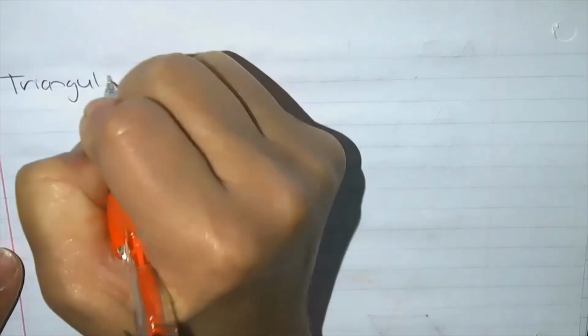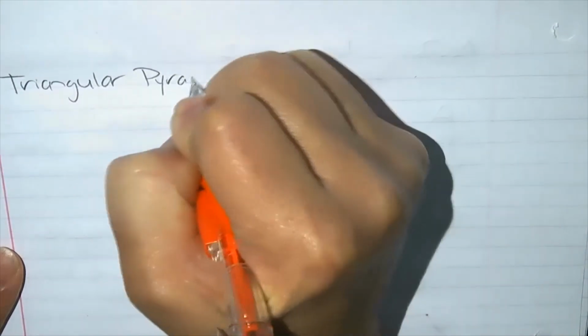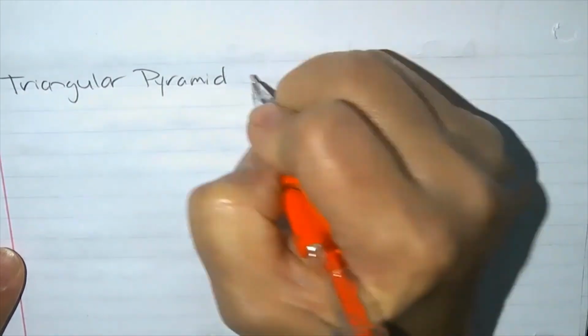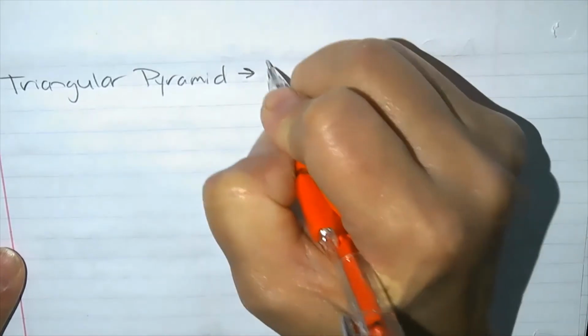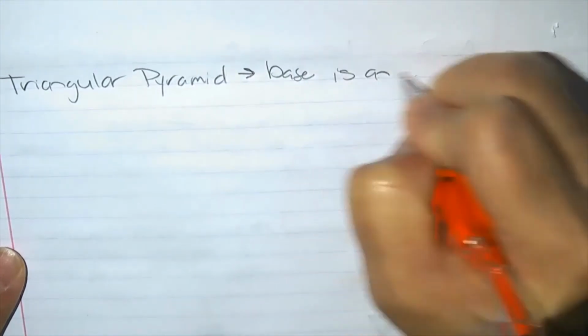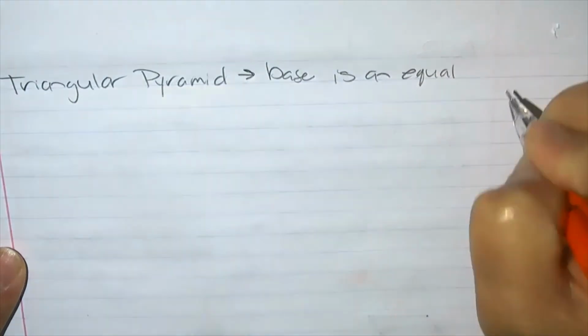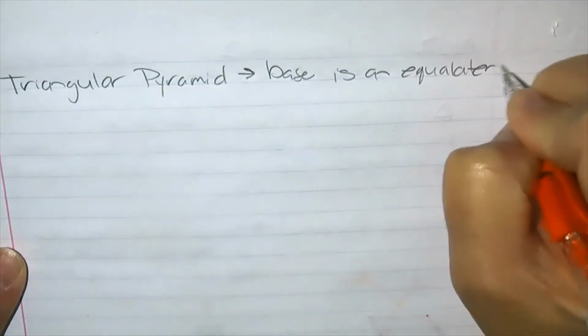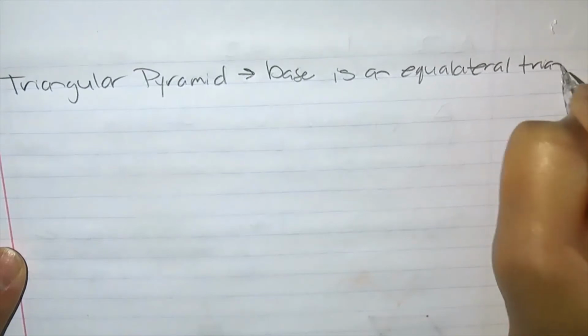So I'm going to take this three-dimensional figure and I'm going to unfold it. So now we have a triangular pyramid. So the base is an equilateral triangle. Equilateral triangle.